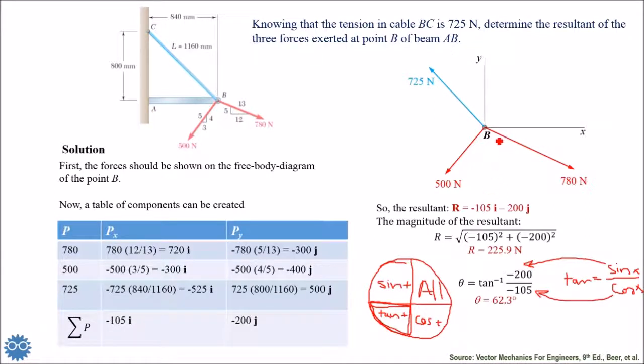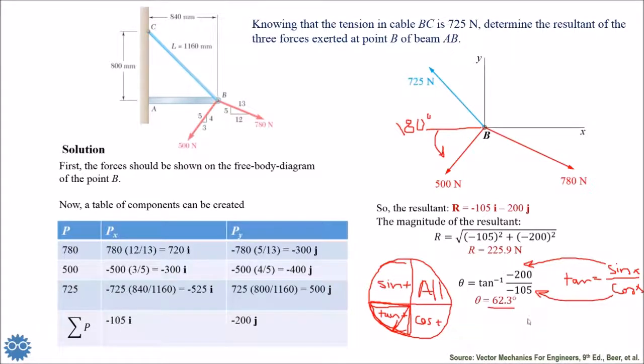That means the resultant should be in this direction, and this value 62.3 should be measured from the negative x-axis. That means you should measure it from 180 degrees.